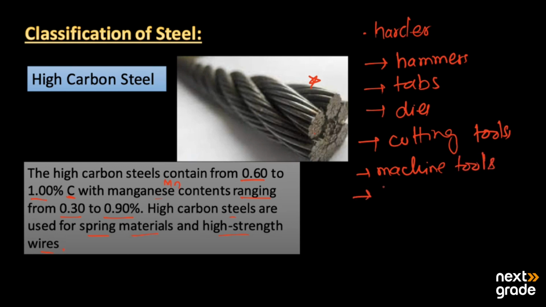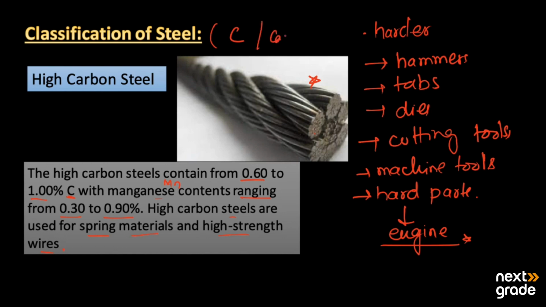It is also used in the manufacturing of the hard parts of machinery needed by different sorts of engines. So steel is basically intermediate in carbon content between cast iron and wrought iron. So this was a simple topic that we have today.